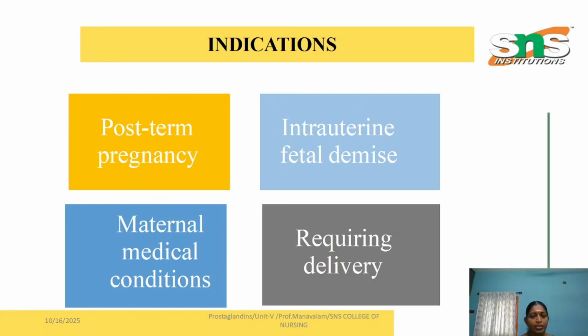When the mother is having any medical condition, take as example diabetes mellitus, hypertension, but mild in symptoms, or hypothyroidism, in that condition we can use the prostaglandin for induction of labor to ease the delivery process. And it is mainly helpful to hasten the process of delivery.